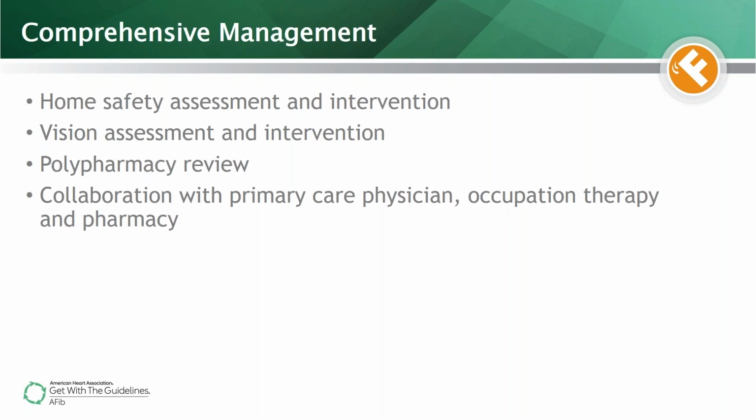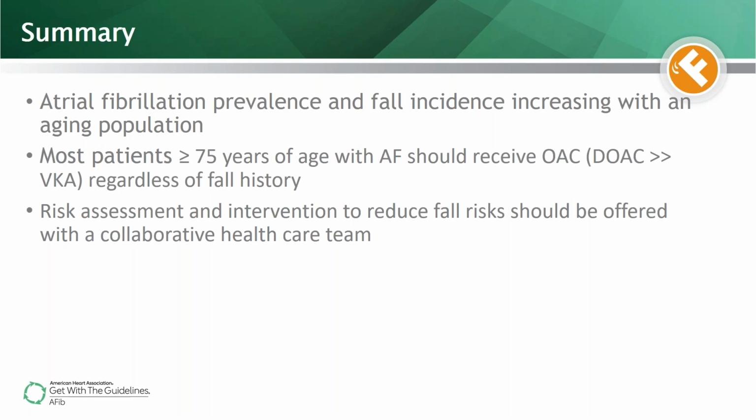So this requires a collaboration of the primary care physician to help us assess falls and fall risk, and a collaboration with experts or specialists to help with home safety. You can use the assistance, and should use the assistance, of occupational therapy. And perhaps with a polypharmacy review, the assistance of our pharmacy colleagues.